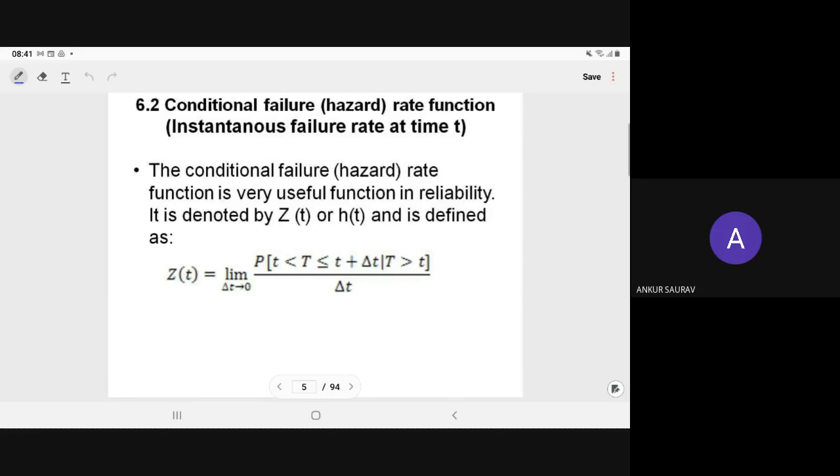We denote it by either Z(t) or h(t), and Z(t) is defined as the limit as delta t tends to 0, meaning for a very small time, of the conditional probability that the time to failure, capital T, lies between t and t plus delta t, given that T is greater than t, divided by delta t. What is the meaning?